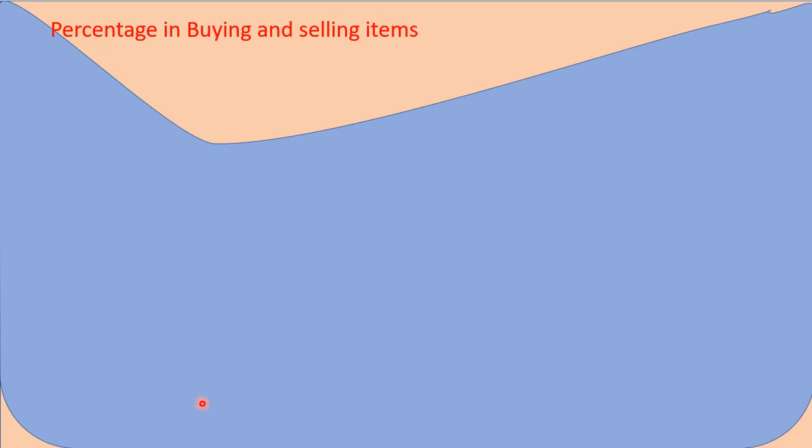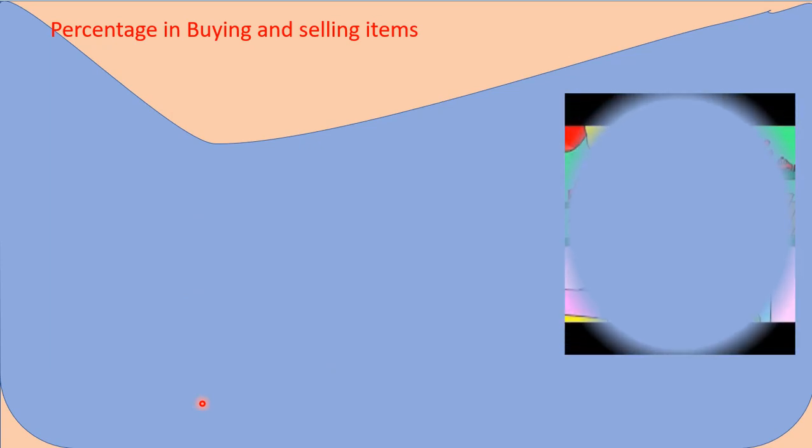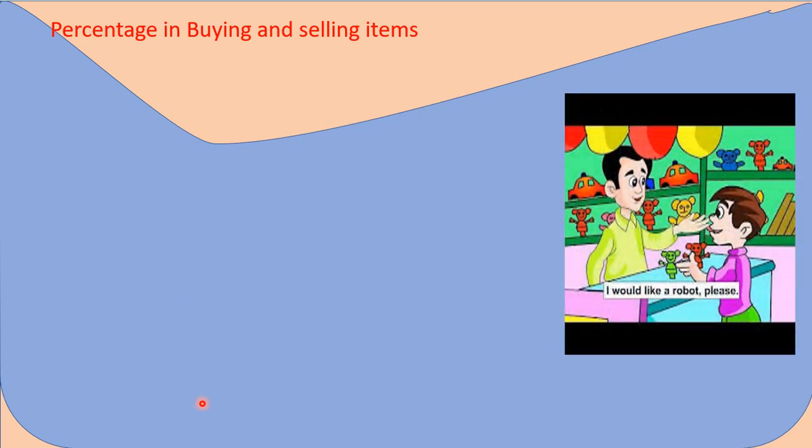Now percentage is also used in buying and selling items. How is it used? Let's take an example. A boy went to the market and he saw a toy which he likes, so he wants to purchase it.